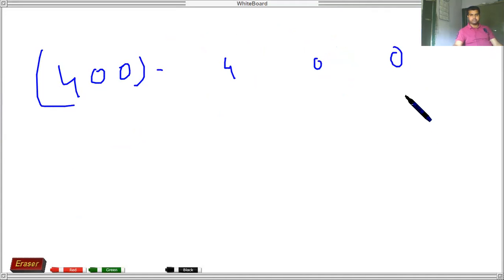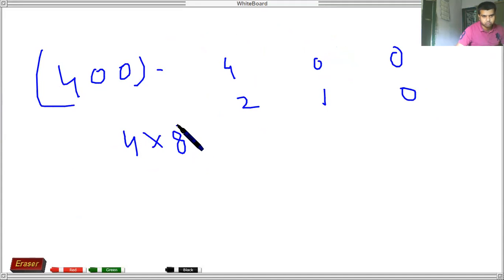Write the power 0, 1, and 2. Then you have to do the multiplication with base number 8. 4 into 8 square. Then you have 0 into 8 to the power 1. Then you have 0 into 8 to the power 0.